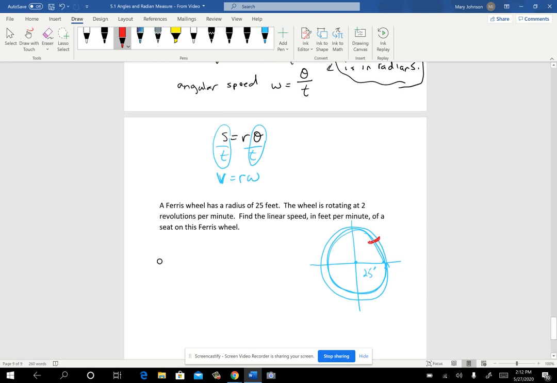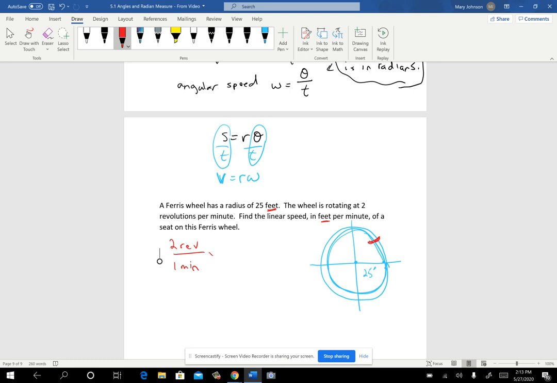So one of the things to watch out for, it didn't happen here, is to make sure that your radius is given to you in the proper unit, and it was. And then to remember that when you use these formulas, you need to be dealing with theta in radians. So I notice I have something that sounds kind of like an angular speed, when it said 2 revolutions per minute. I like to start there and use dimensional analysis like I did when I was converting between degrees and radians.